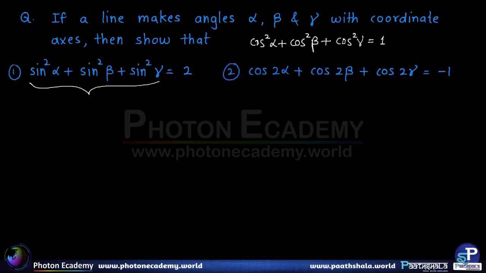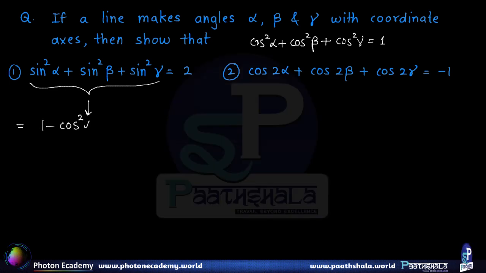So to prove the first question, let us start off with LHS, where we can write the first term sin square alpha as 1 minus cos square alpha. And similarly we can write the remaining two terms also, that is 1 minus cos square beta and 1 minus cos square gamma.